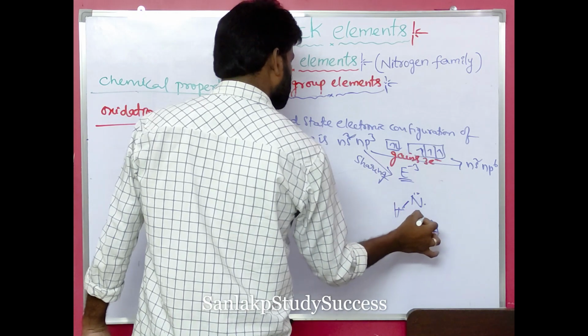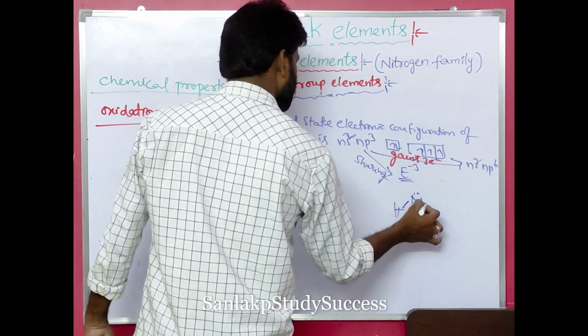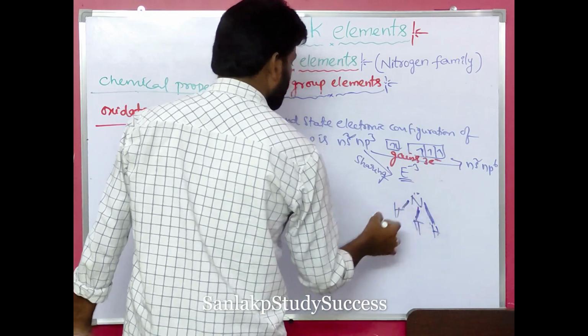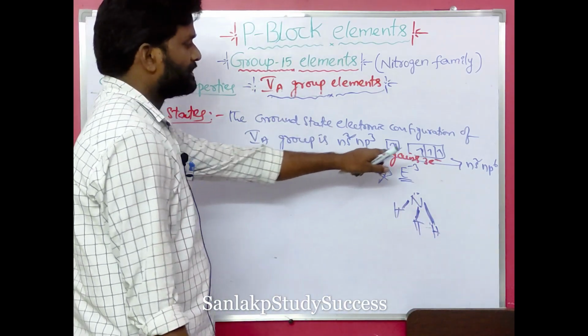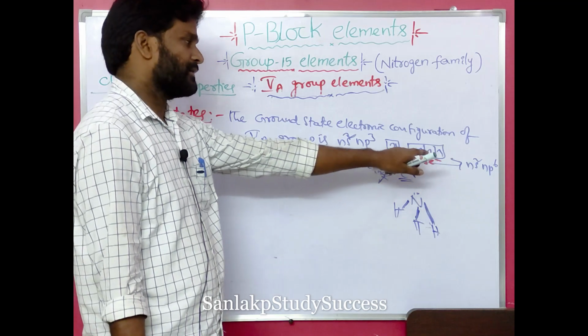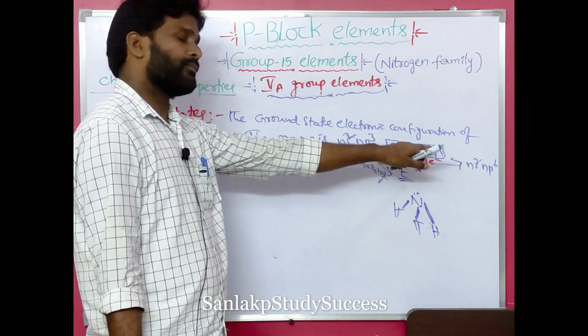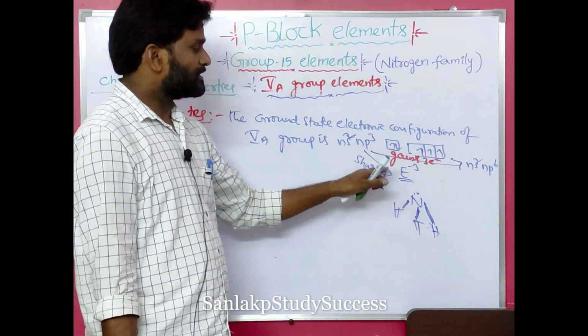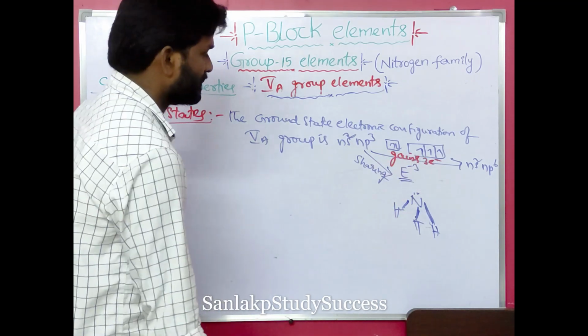This is the sharing of an electron pair between 2 atoms. These 3 single electrons can form covalent bonds with other atoms by sharing electron pairs. That also gives a -3 oxidation state.